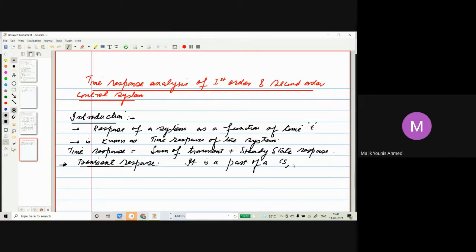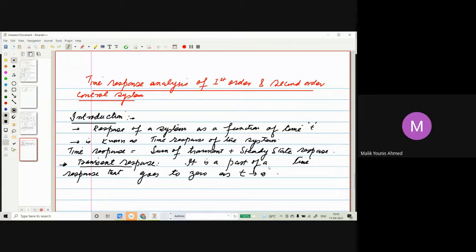It's a part of the control system time response, a part of the time response that goes to zero as t tends to infinity.